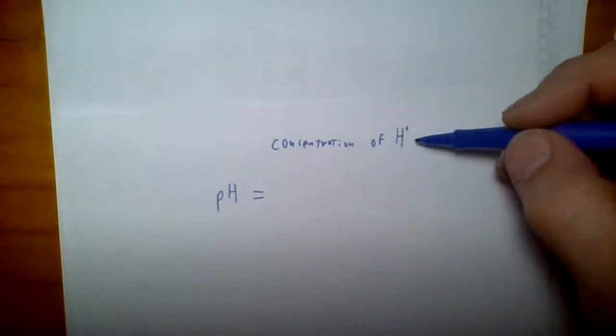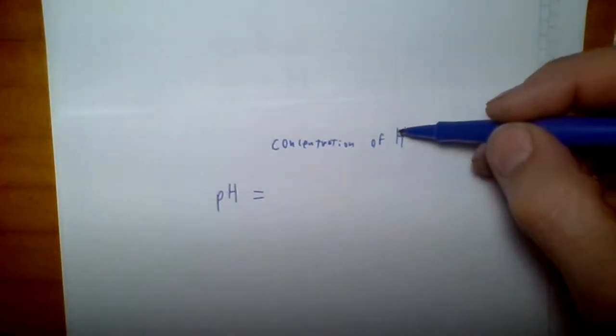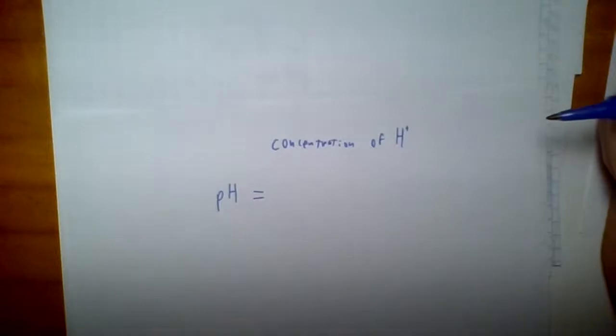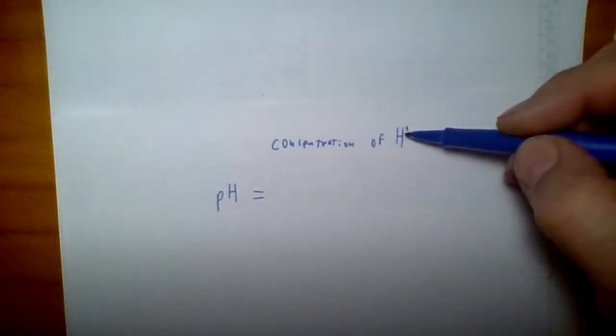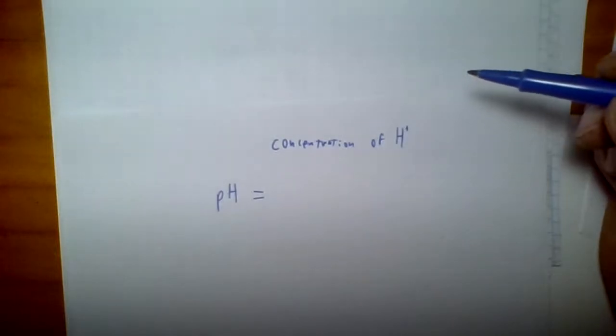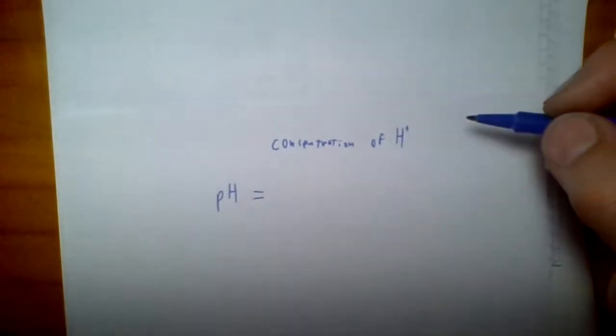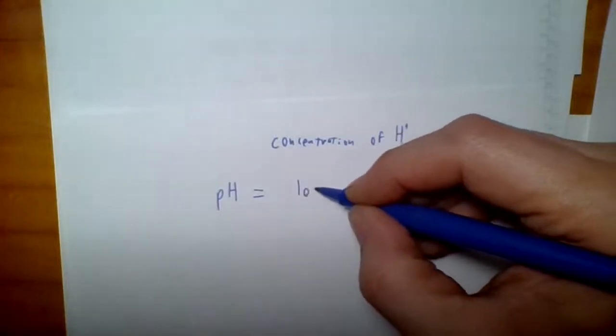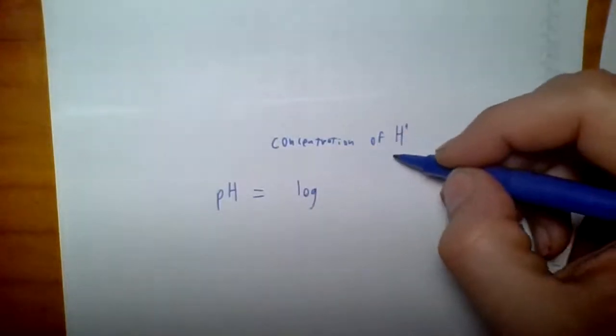They're tiny little values. So instead of using the actual concentration for the scale, they wanted a mathematical tool that'll take this and convert it to some nice numbers that are easier to work with. And since they're tiny little values, the log of them ends up negative because the concentration is less than 100%.